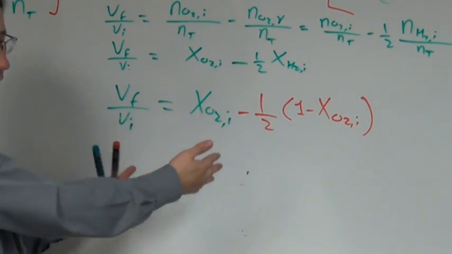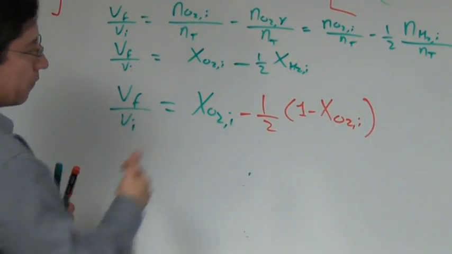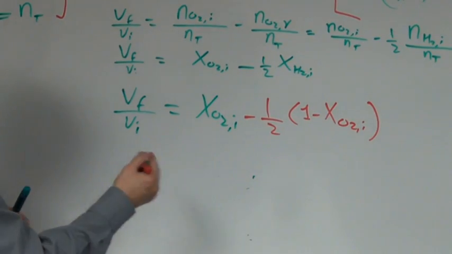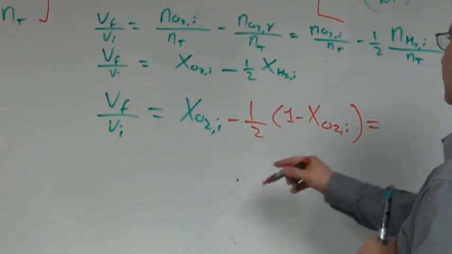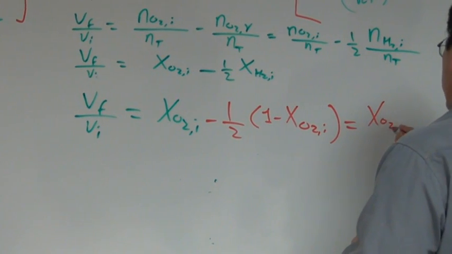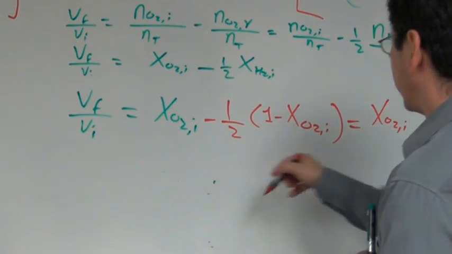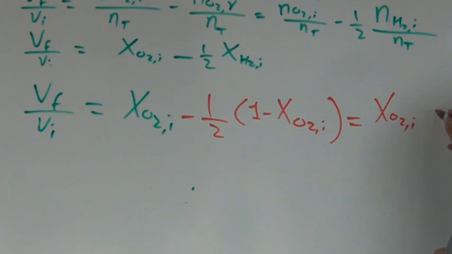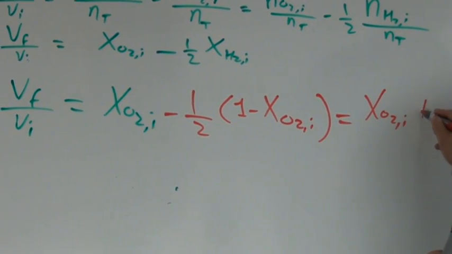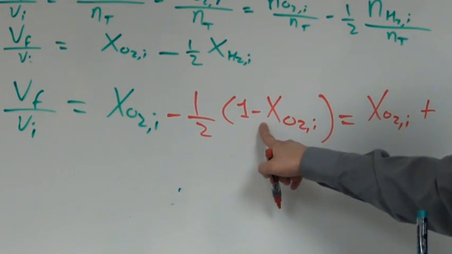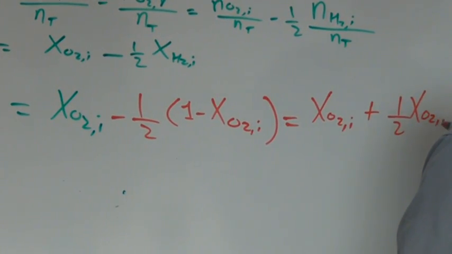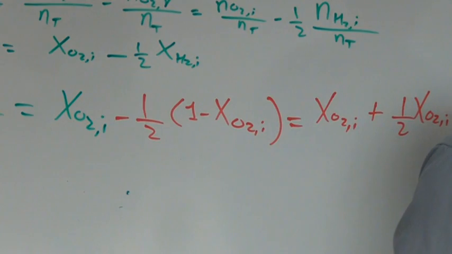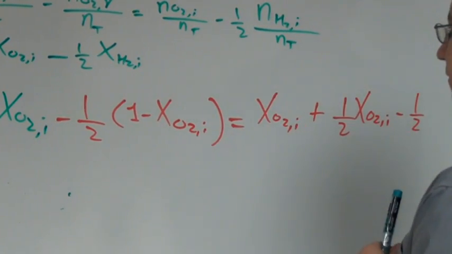So then now it's a matter of algebra to solve for the mole fraction of oxygen here. So this is going to be equal to this minus, or actually plus, this times this is a plus, half mole fraction of O2I minus 1/2.